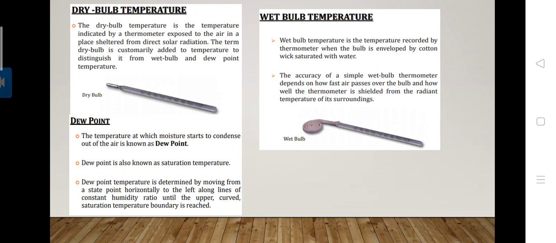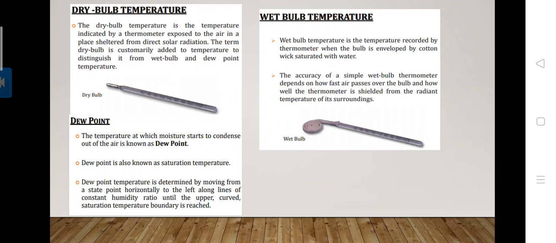First we see the dry bulb temperature. Dry bulb temperature of air is the temperature recorded by an ordinary thermometer and it is not affected by the moisture present in air.